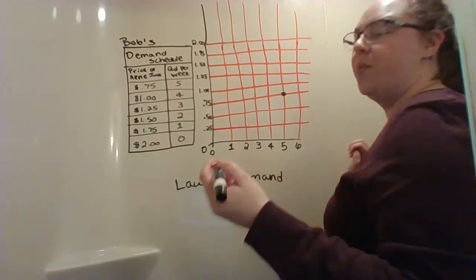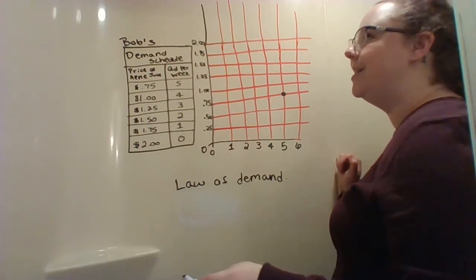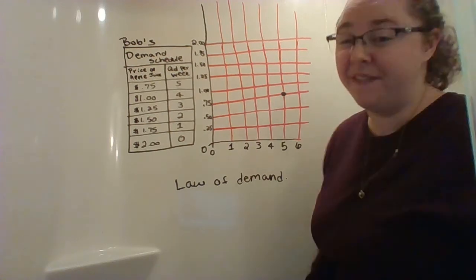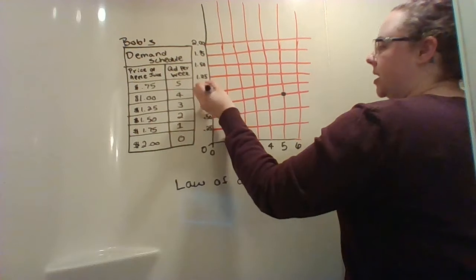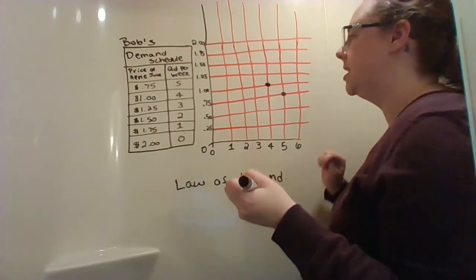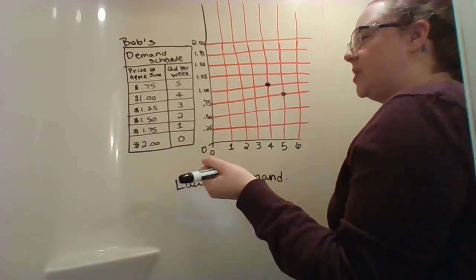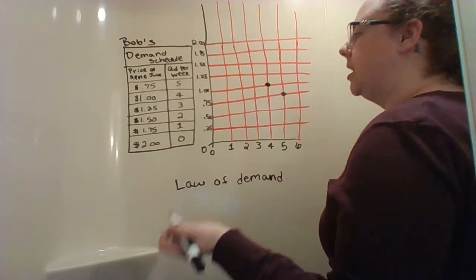When the price gets bumped up to $1, Bob's like, I guess I'll buy 4 of them. I don't really need 5 at $1. Then the next week he sees that it went up to $1.25. He's like, I only really need to buy 3.